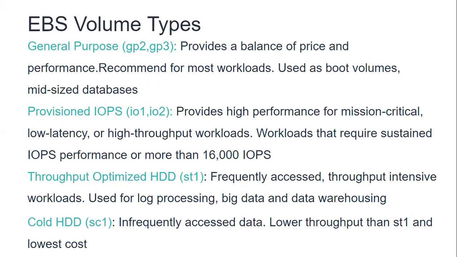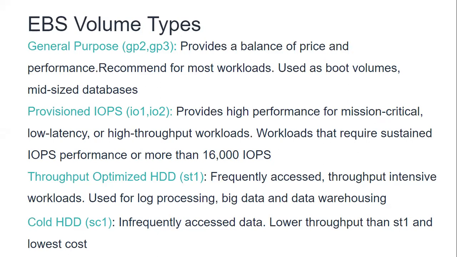But SSD means solid state drive. It's like a circuit that stores data. There are no moving parts like you find in the HDD. So provisioned IOPS and general purpose use SSD. They are fast.